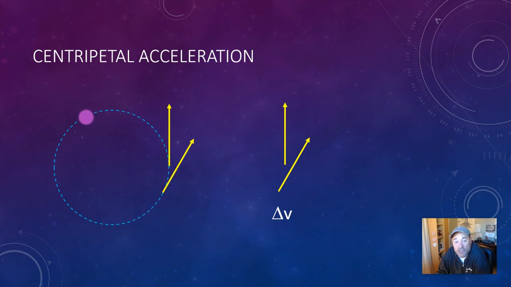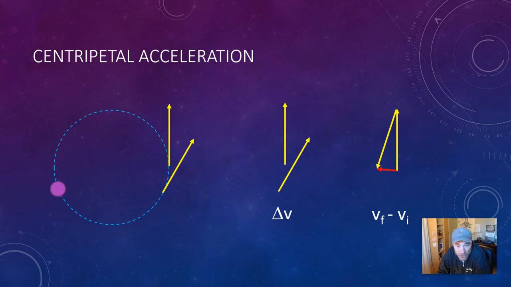Remember that when we find changes in velocity, we take the final velocity and subtract the initial velocity from it, which means that I'm going to turn around the initial velocity and add it to the final velocity. So here's my final velocity. I'm going to turn around the initial velocity and add it to it, which means that this is the direction of my change in velocity. That's my resultant for my vectors.